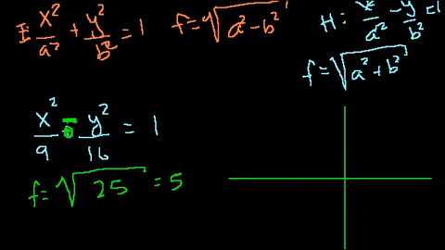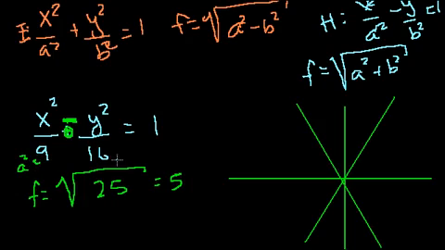So the two asymptotes, this is centered at the origin, it hasn't been shifted, are going to be fairly steep. It's going to look something like that and that. Those are the two asymptotes. The two vertex points are at plus and minus a. A squared is equal to 9, so a is 3. B squared is equal to 16.